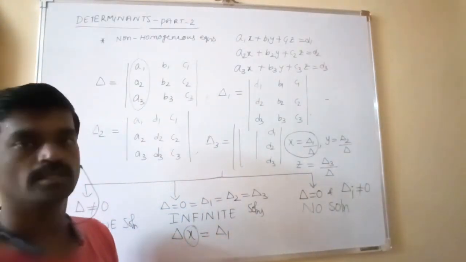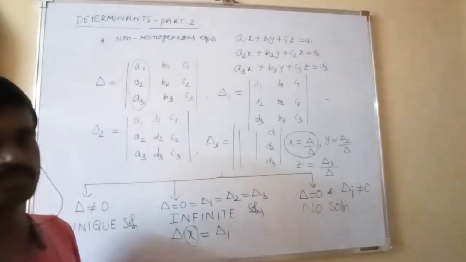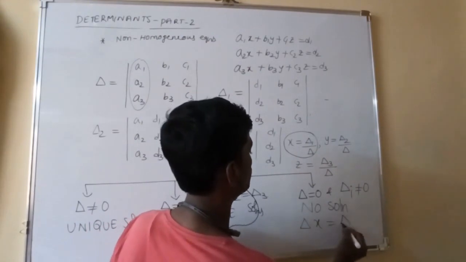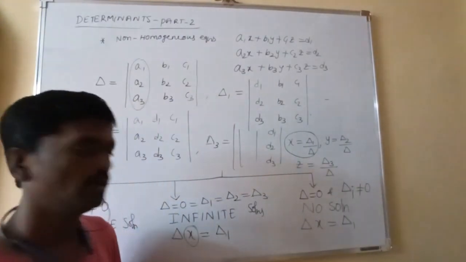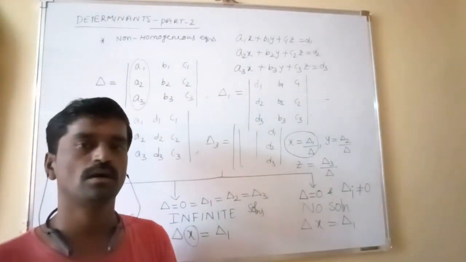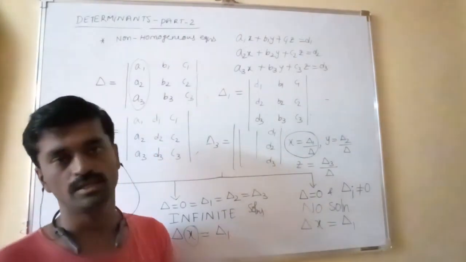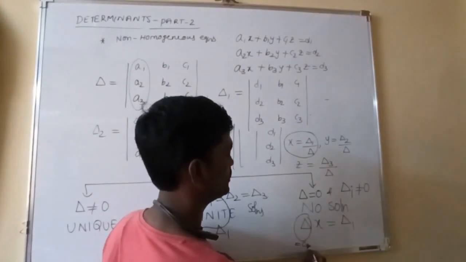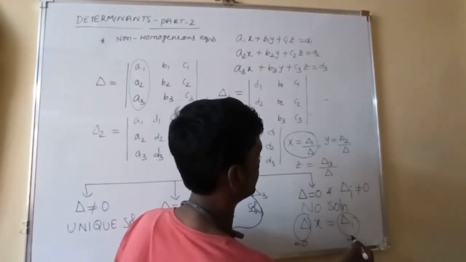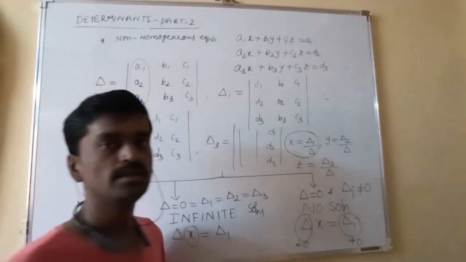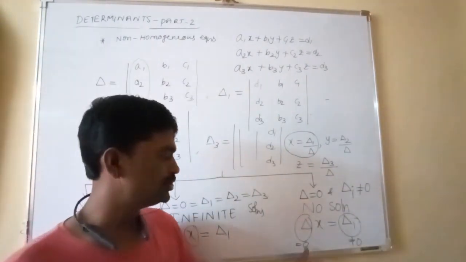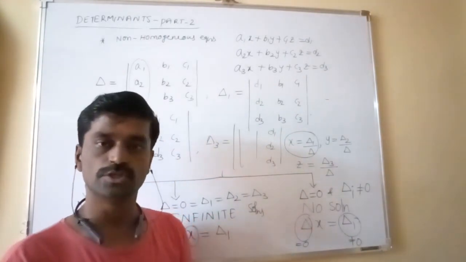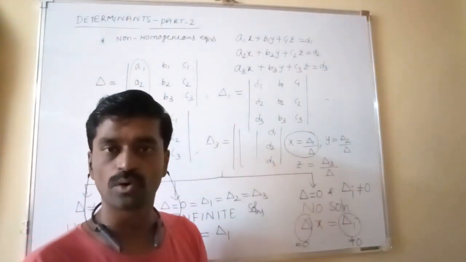So how can we say it has no solution? Again, consider the equation delta into x is equal to delta 1, because the x value we got is delta 1 by delta. From that we can write delta into x is equal to delta 1. Here delta value in this case is 0, and this value is not equal to 0. Then is there any number such that 0 into that number is equal to a non-zero number?